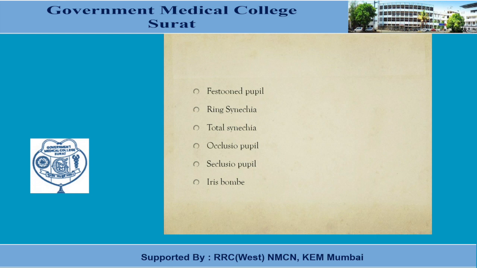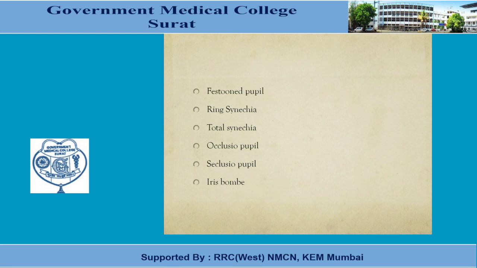Sites wherever there are synechiae will not dilate. At areas where synechia is there, the pupil won't dilate. Other areas, it will outpouch. So we will call it a festoon pupil. You have them in Christmas and Diwali, no? Those festoons. That is a festoon pupil.